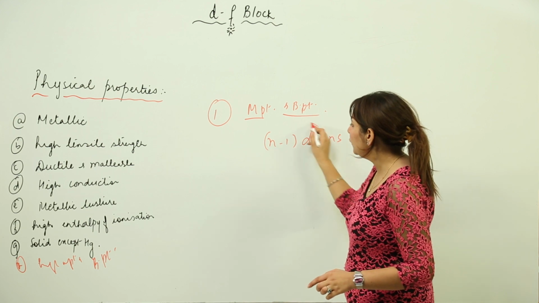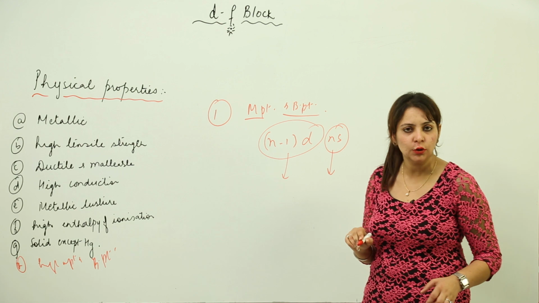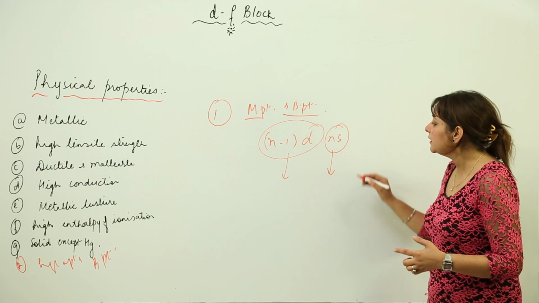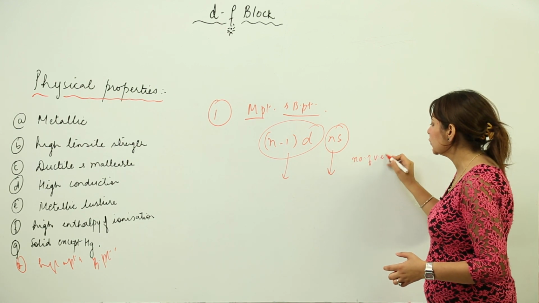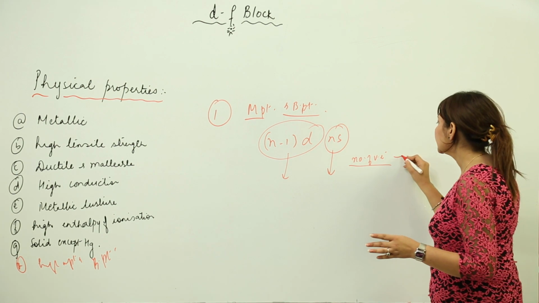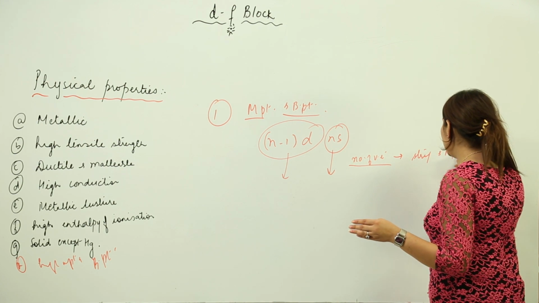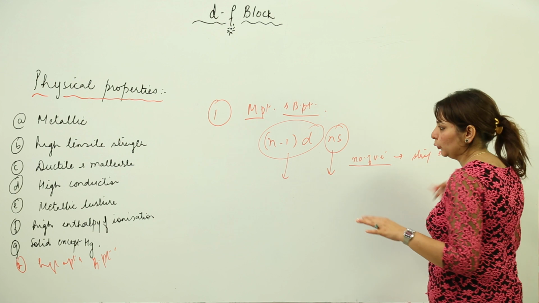So in the bond formation, these d electrons are also going to participate, and these s electrons are also going to participate. As the number of valence electrons participating in the interatomic bond formation increases, the stronger the bond is going to be, and the higher the melting point and boiling point, right.